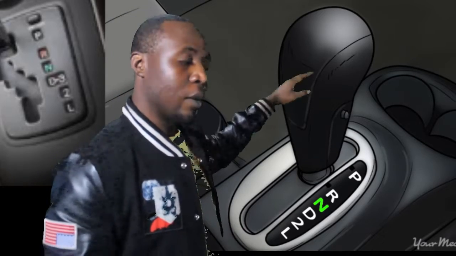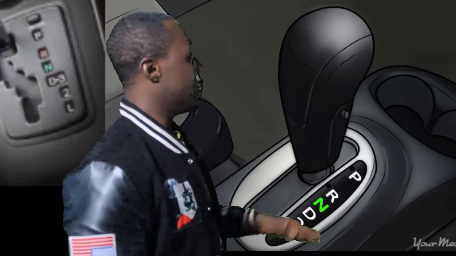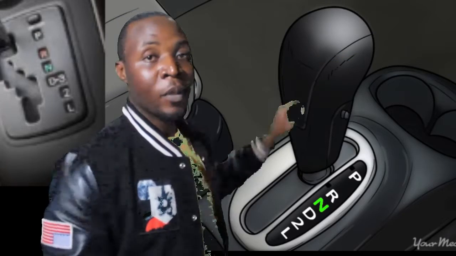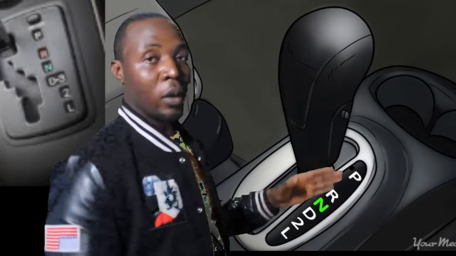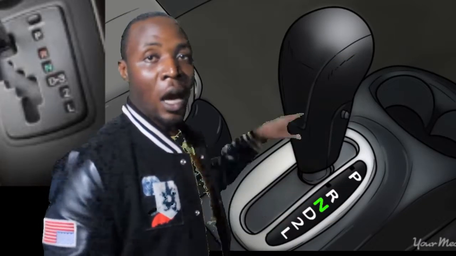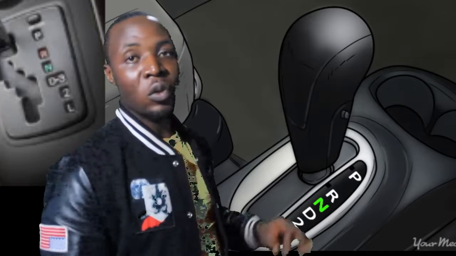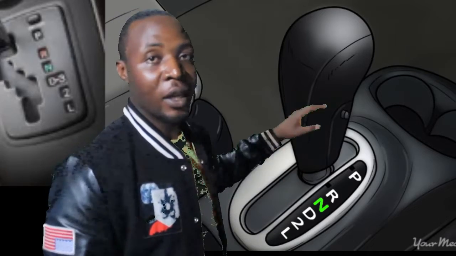The next letter we are seeing here is letter D. D stands for drive. If you want to drive forward, you take the gear selector and put it at D, then you will be able to drive forward. When you are driving forward, the gears change automatically. That means you do not have to be moving the gear selector.